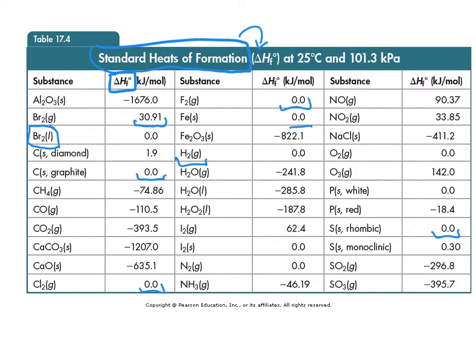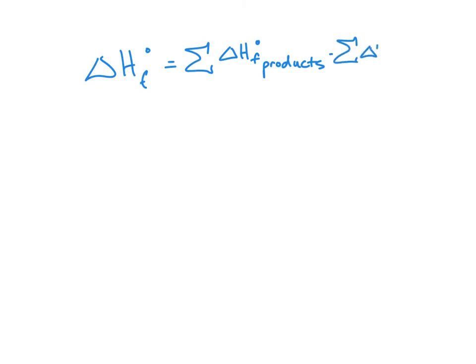So the equation you need in order to calculate the heat of formation looks like this. So the heat of formation is equal to this cool looking math symbol, sigma. So it is the sum of the heats of formation of all of the products minus the sum of all of the heats of formation of all of the reactants.